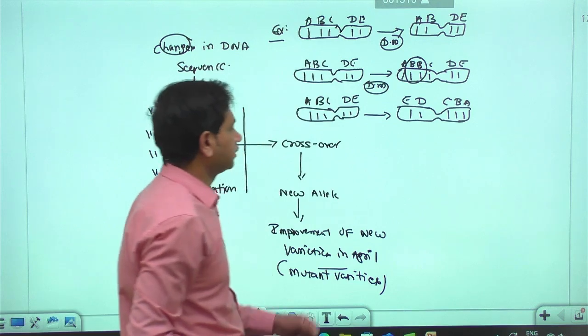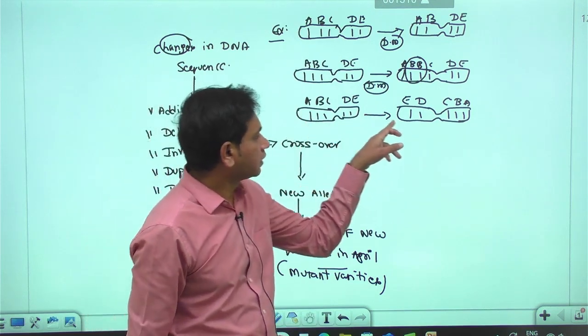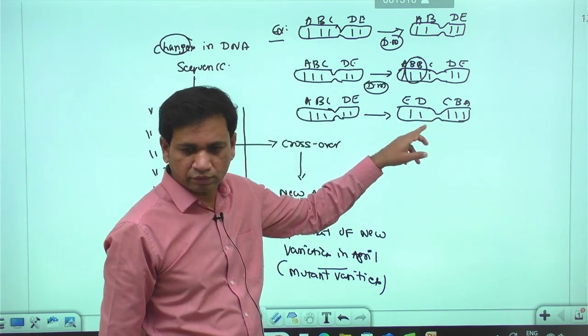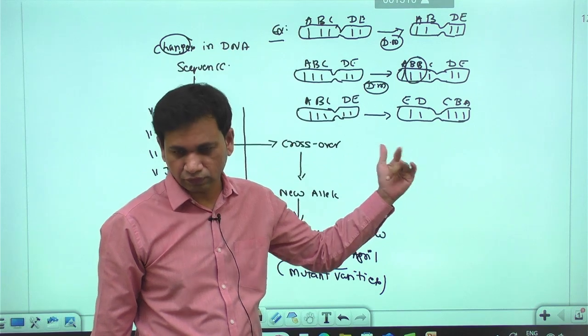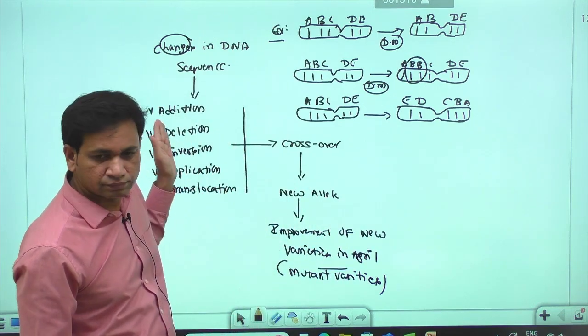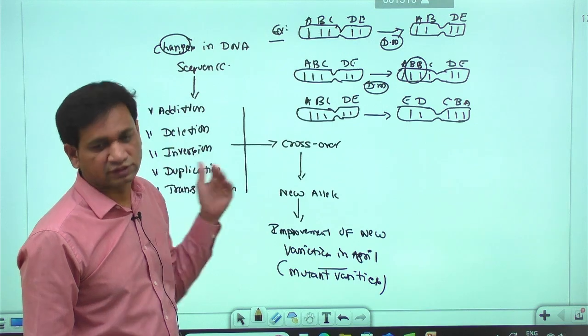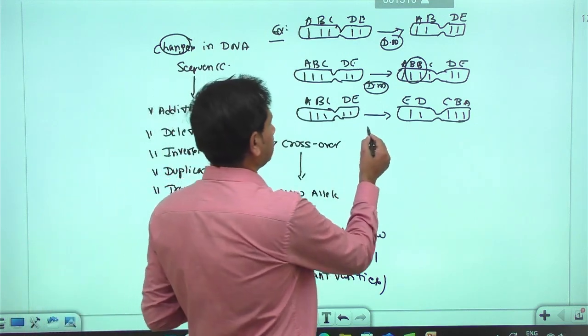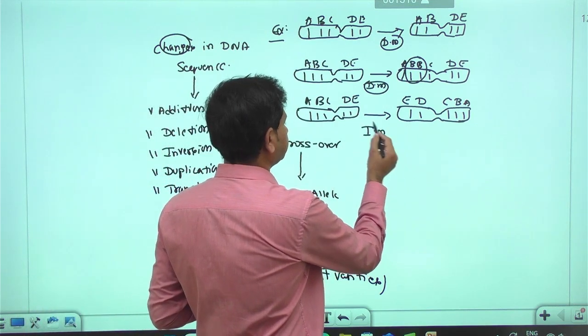And here in the third one, any idea? A, B, C, D. But in the recombinant chromosomes, we have the ulta chromosomes. What kind of mutation is it? Inversion. Inversion we say, okay? Inversion mutation.